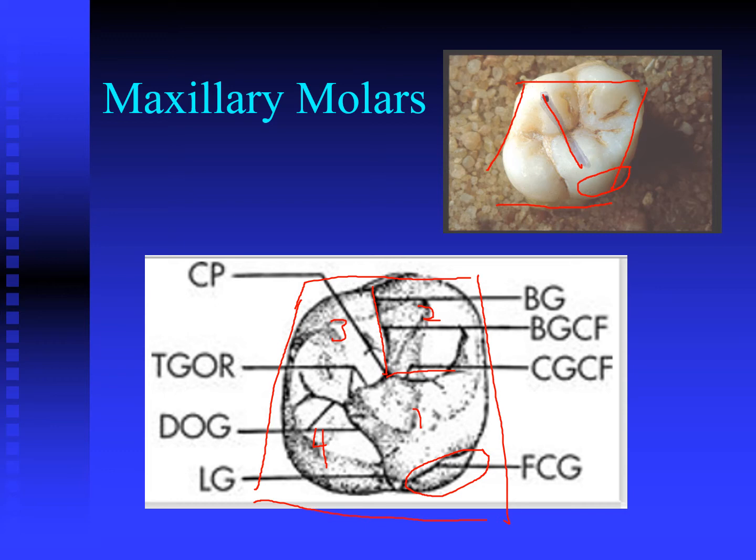It is a union of the distal cusp arm of the mesiolingual cusp, generally fusing, although in this case we don't have it fused, it's got a groove crossing it, to the triangular ridge of the distobuccal cusp.